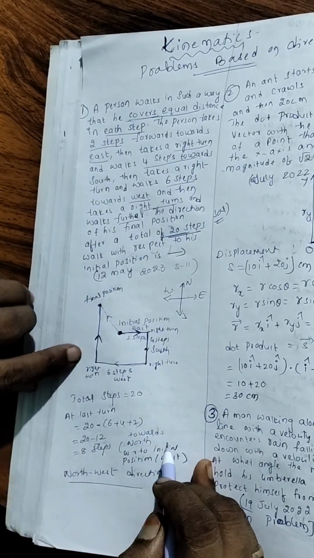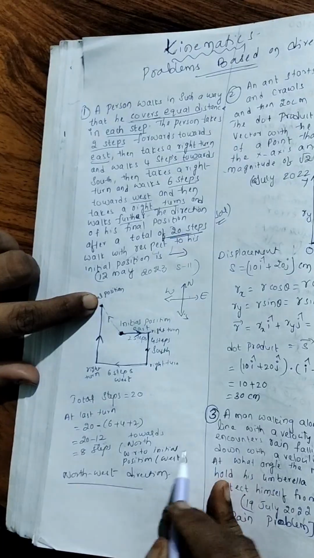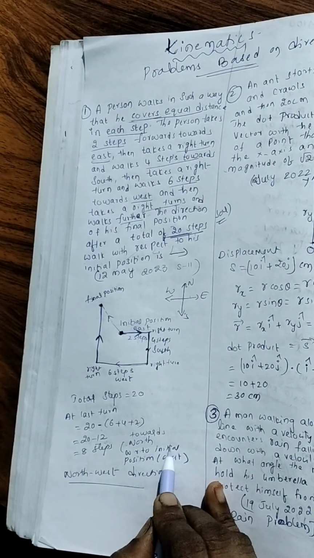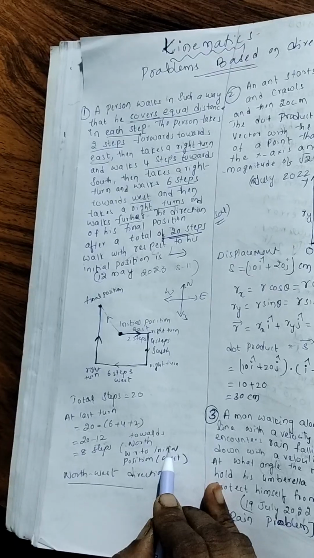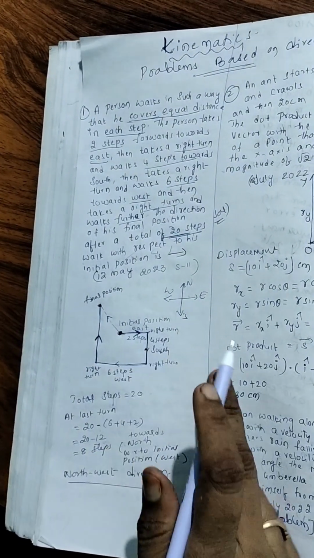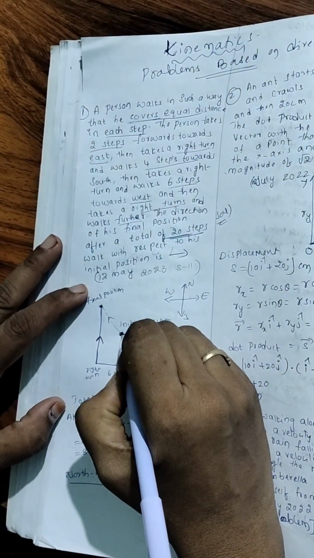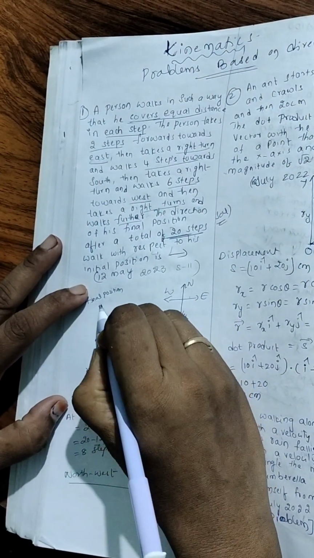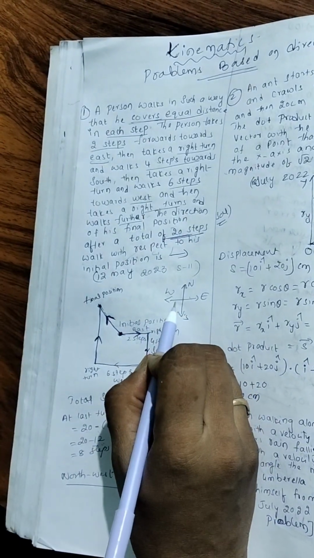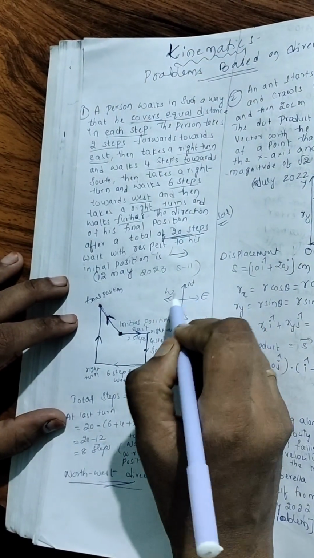So these 8 steps are in this direction, meaning the north direction. He is walking in the north direction. He is asking for the final position with respect to the initial position. So with respect to the initial position, it is towards the west, the northwest direction we can say.